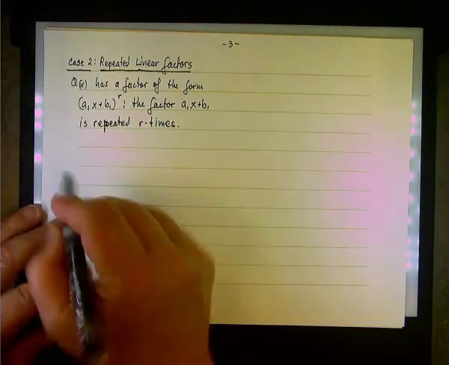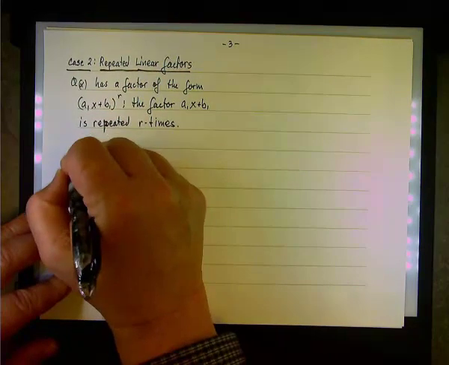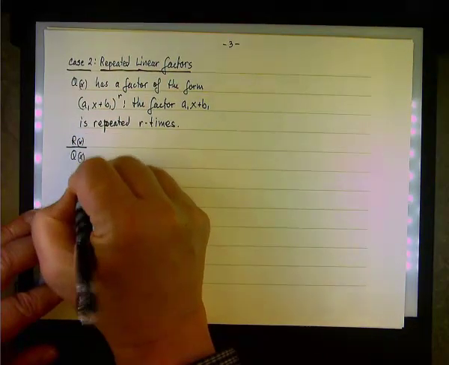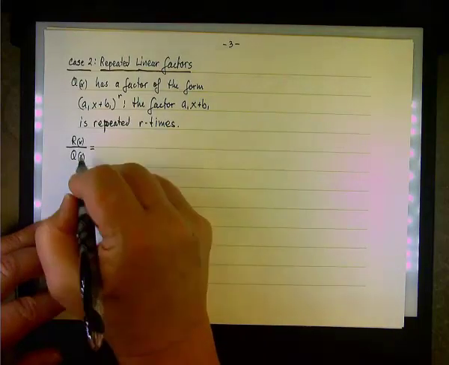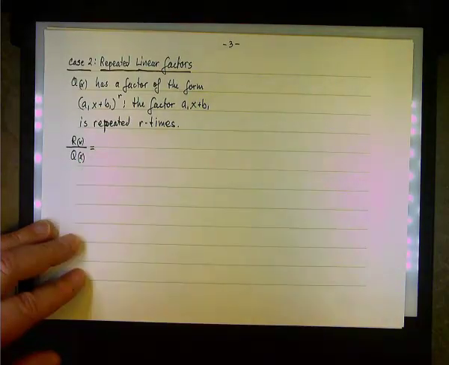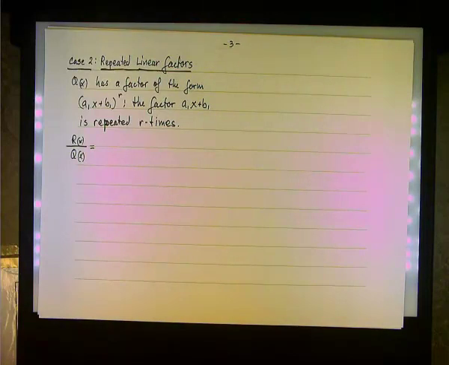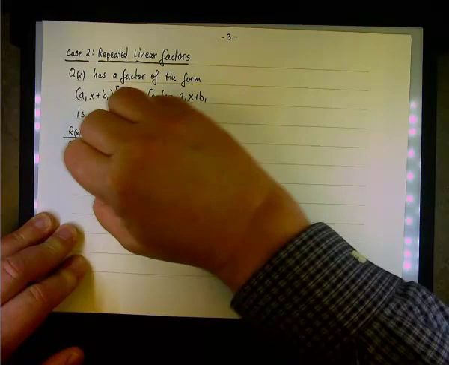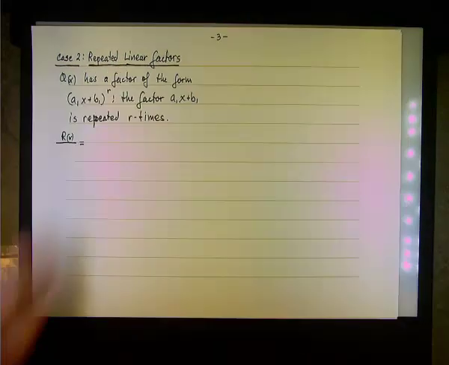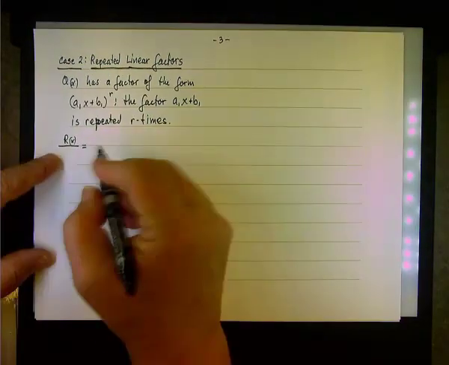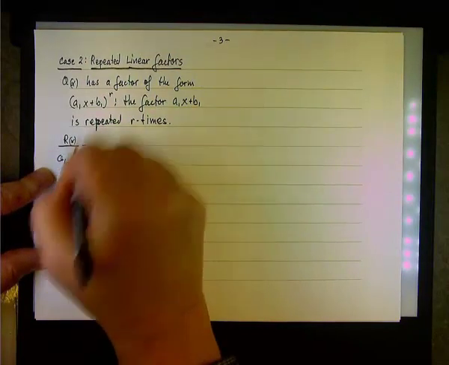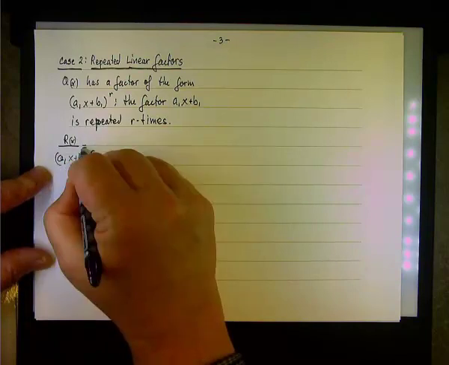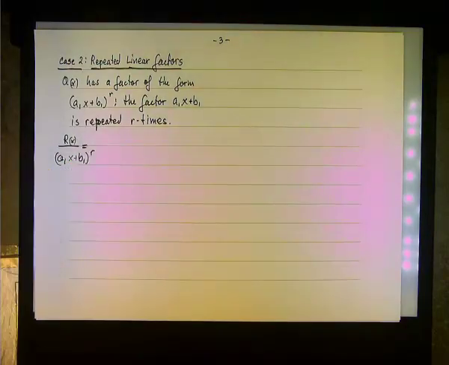Okay, so the general structure is going to be the following. In this case, remember, after the long division, when we get the proper rational function, let me go right into the repeated linear factor. If the denominator is a repeated linear factor, a sub 1 x plus b sub 1 raised to the power of r, what will be the partial fraction decomposition?